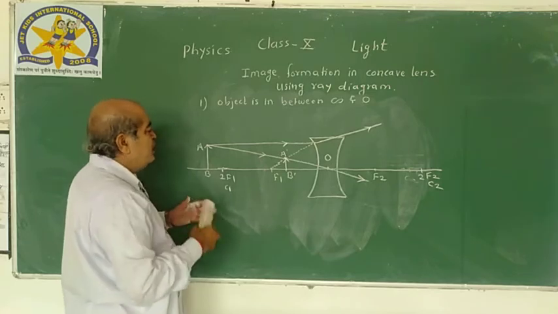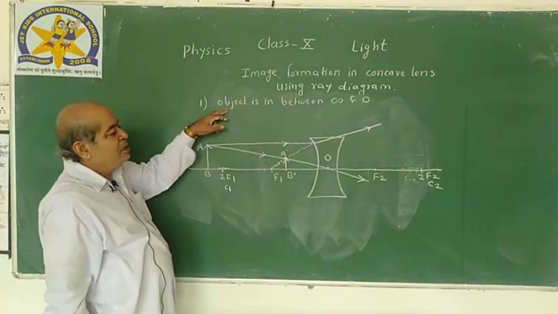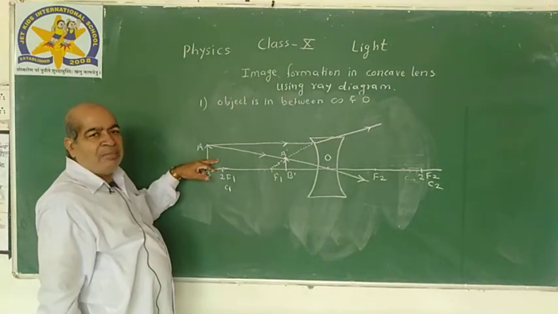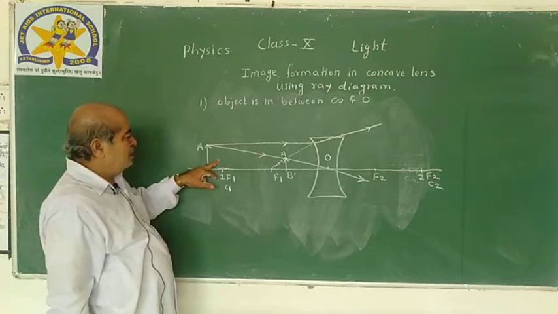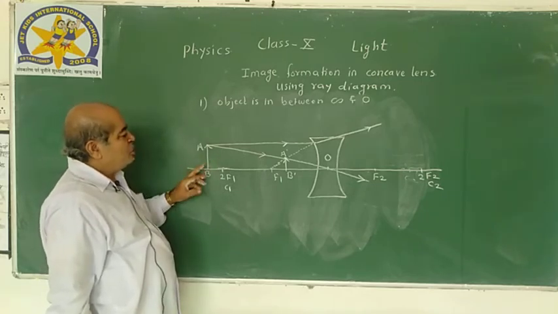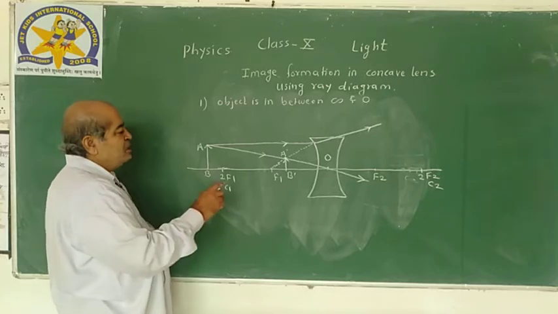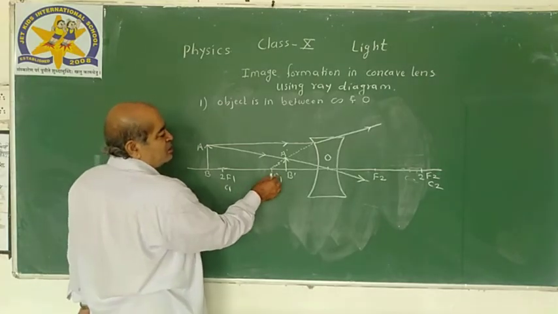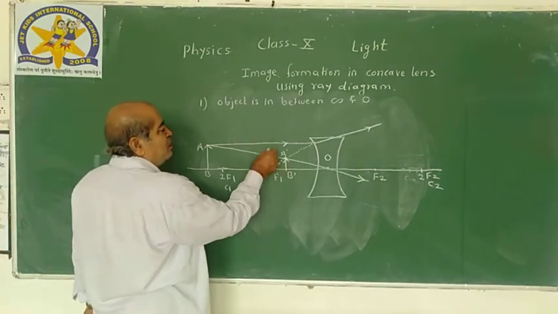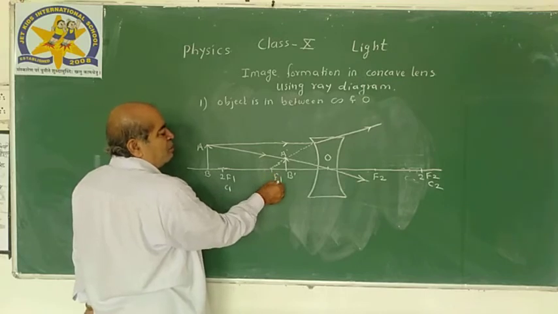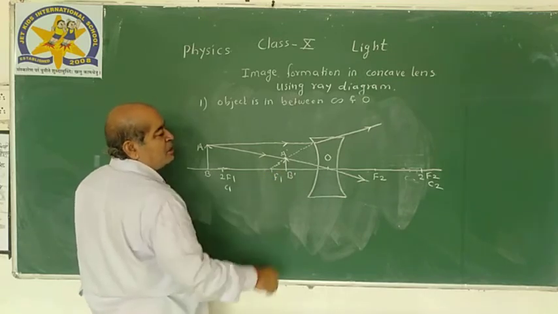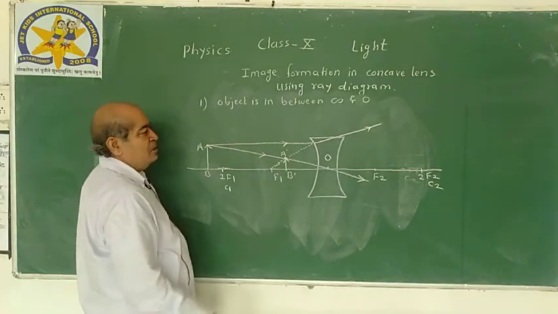When the object is in between infinity and the optical center, the image is formed between the principal focus F1 and the optical center.